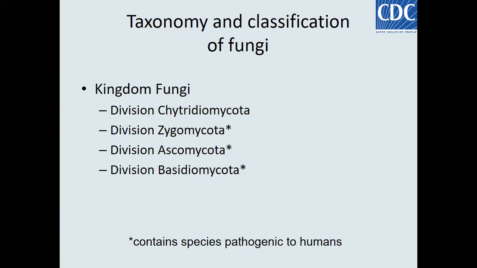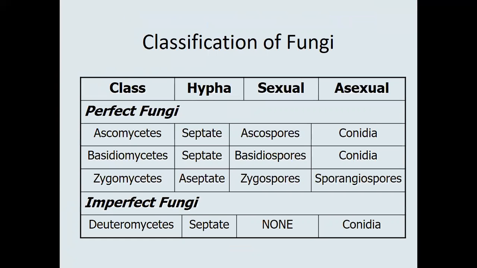But those three that are starred there, that's where a lot of our pathogenic fungi are. And this is just showing you the different sexual spores of those three groups, or kingdoms rather.